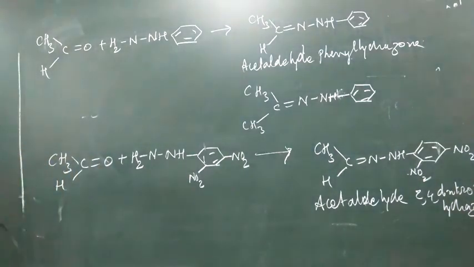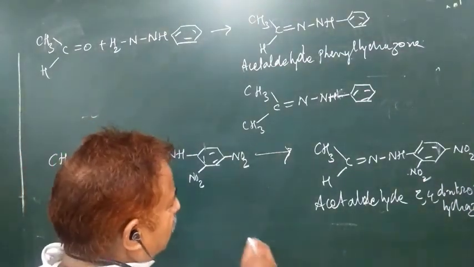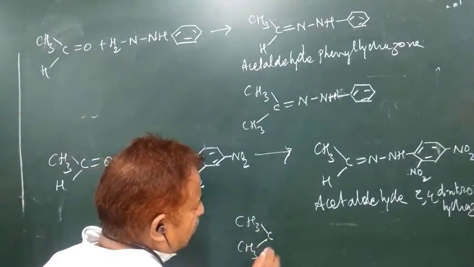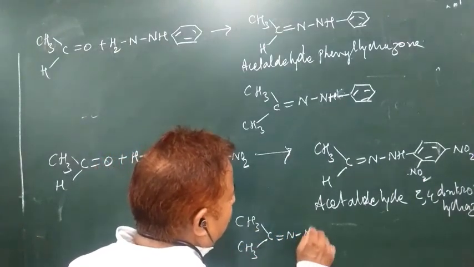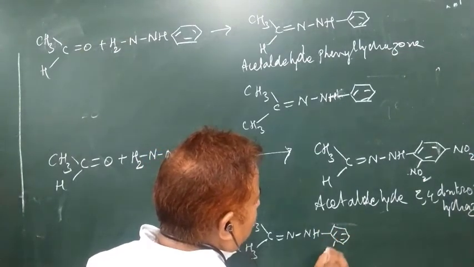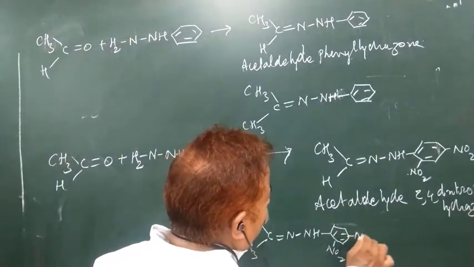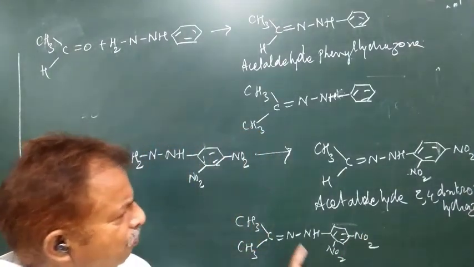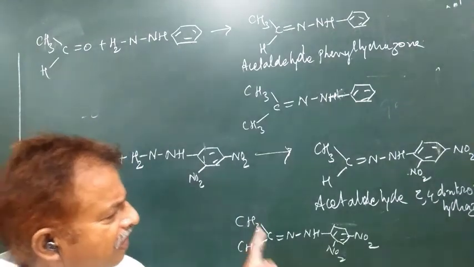The product is CH3C(CH3)=N-NH with NO2, NO2. So this is acetone 2,4-dinitrophenylhydrazone.